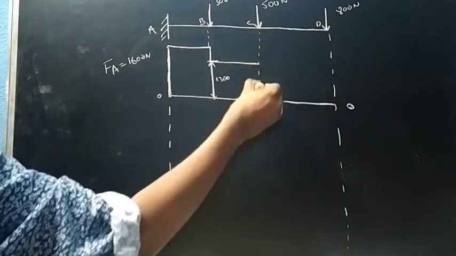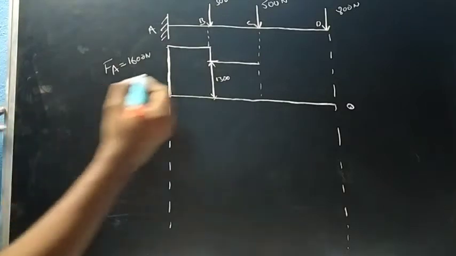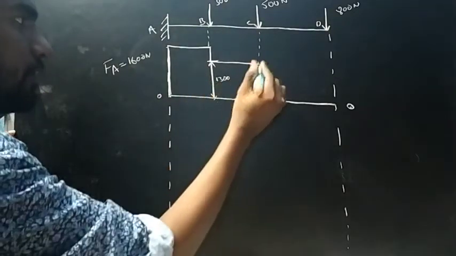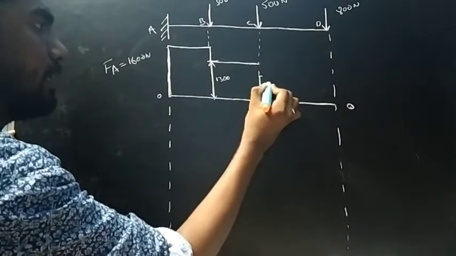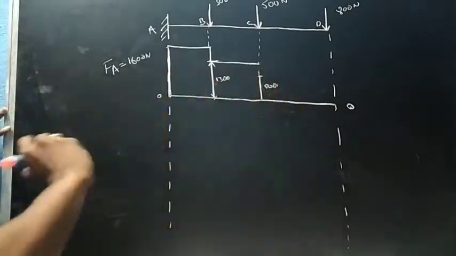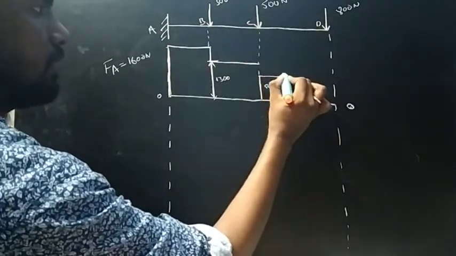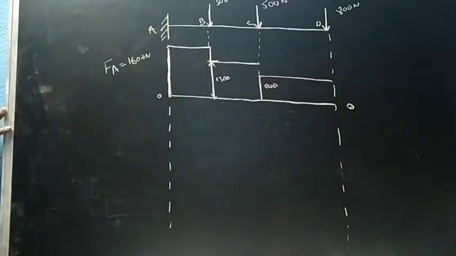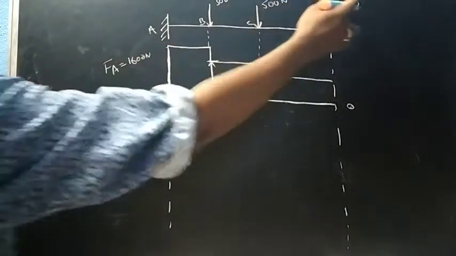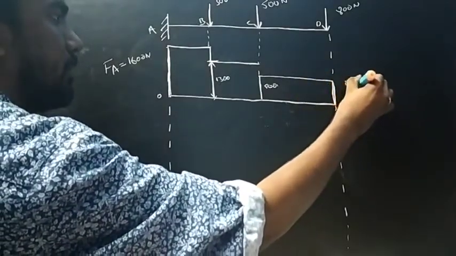What is the value of shear force at C? We got 800, that means 1300 to 800, so somewhere here, 800, right. There is no other load, so just continue till D. We got 800 at D, right, so no need to come back, so it is 800.